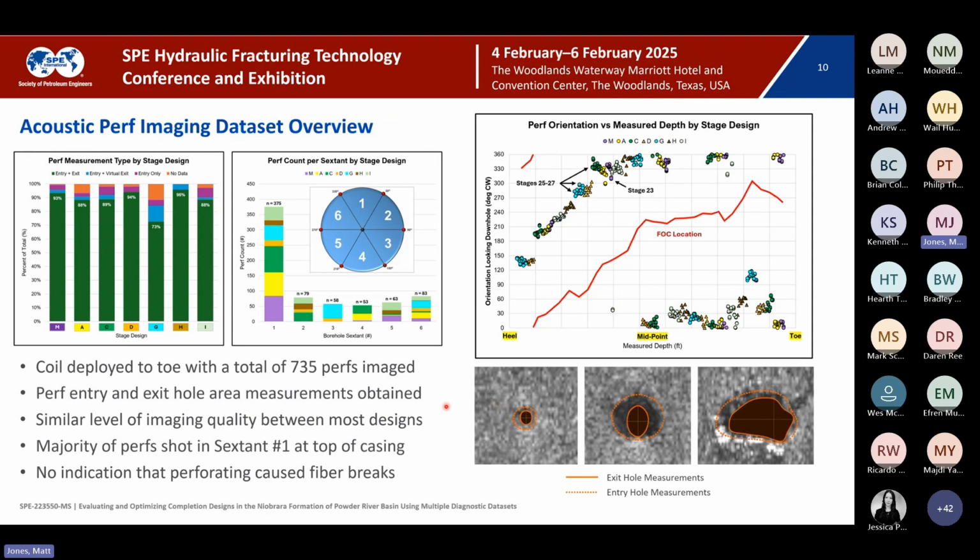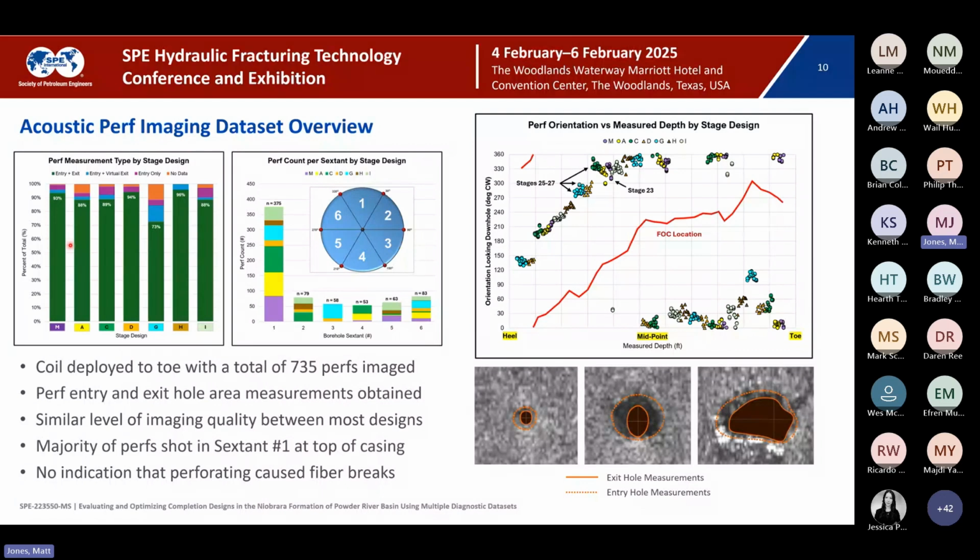Now, in terms of data quality, what we would hope is that all perforations fall into the entry plus exit category. They have all the necessary measurements to compute perf tunnel volume. So in this bar chart over here on the left, I'm showing you the perf measurement type by stage design. And what we would hope to see is that all of these green bars would be 100%.